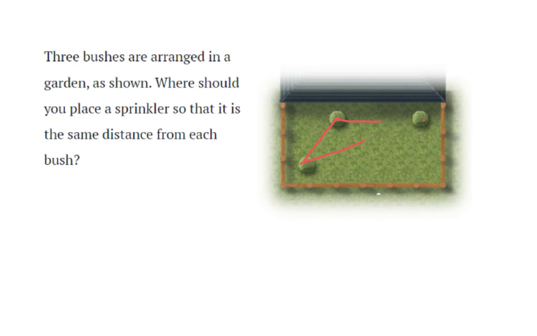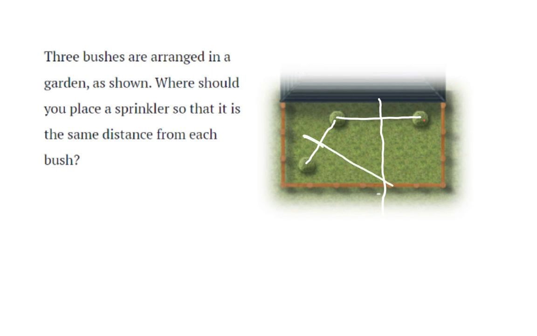We can do the same thing here, and talk about how that relates to a circle. If we look at the perpendicular bisector of this side, I'm going to sketch it in. We could use compass and straight edge to find that perpendicular bisector. It would go like this.